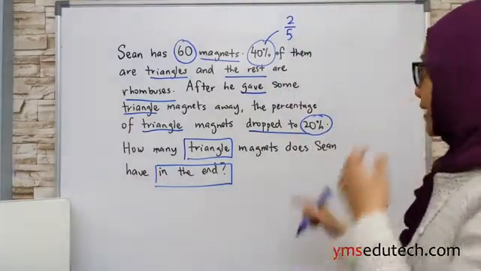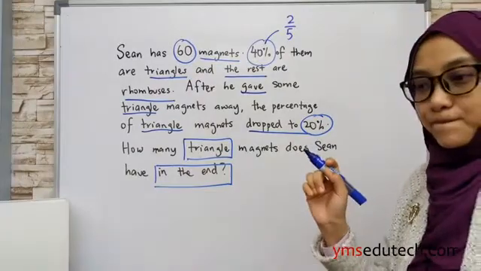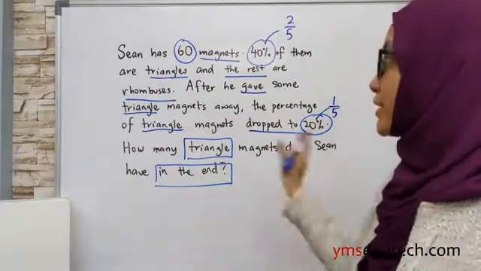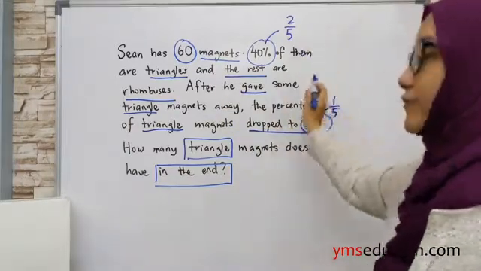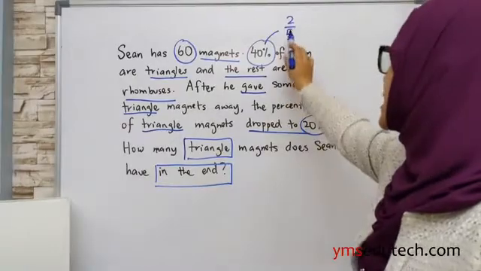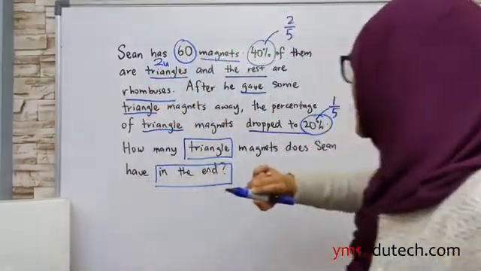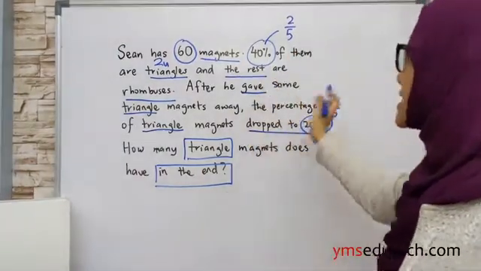And I have another percentage here, 20%. What will it be? 1 out of 5. Now let's reread the question. Sean has 60 magnets. 2/5 of them are triangles. That means these 2 units refer to triangles, and these 5 units are the total, and the rest are rhombuses.